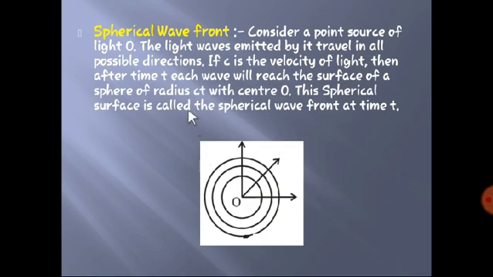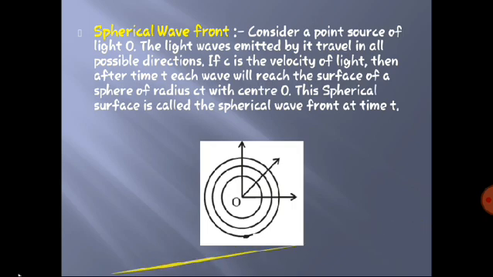What is the velocity? It is c, and what is time? It is t. So the distance covered by any wave is nothing but ct. And this is nothing but a spherical wavefront, as we have seen in earlier slides also.